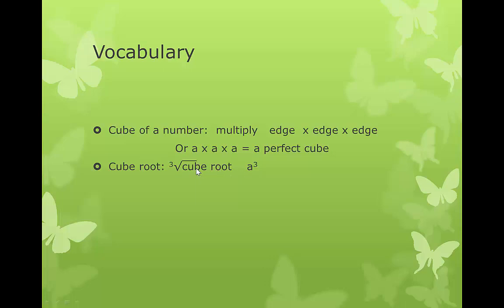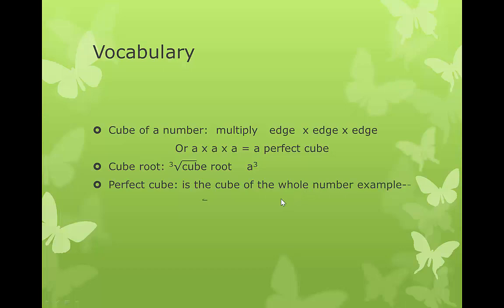There will be a whole number in here, or A cubed. This 3, you will notice, signifies a cube. If it wasn't there, then it would be a square root. But the 3 lets us know that it is a cube root.